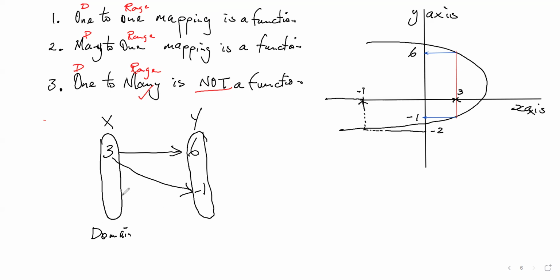So we have one value in the domain and two values in the range. I want to say that again. You have one value, Sienna, in the domain and two values in the range. So this is not a function because it must map to one and only one element in the range.